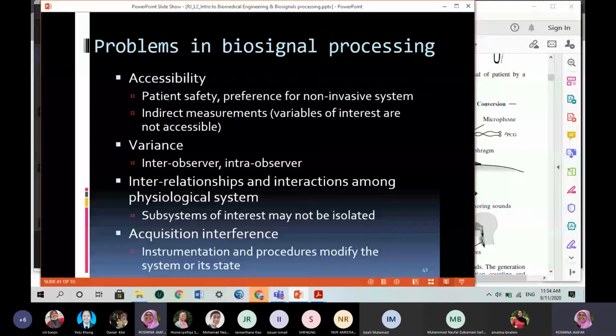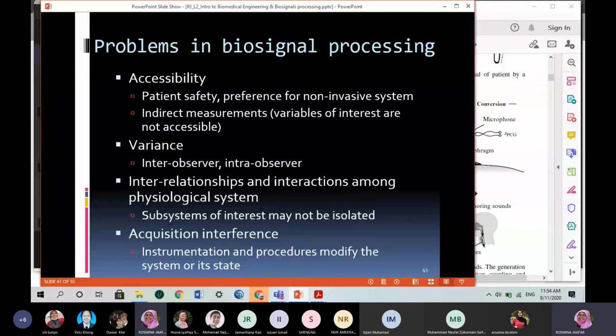Intra-observer variance is the same person taking the data at different times and producing different results. That is also not good, because the person does not experience any changes. By right, the data from that same person should be the same.